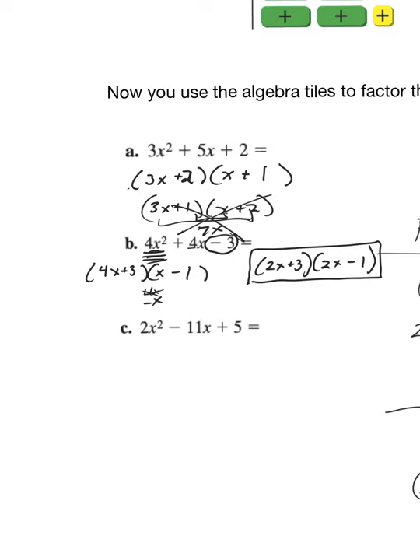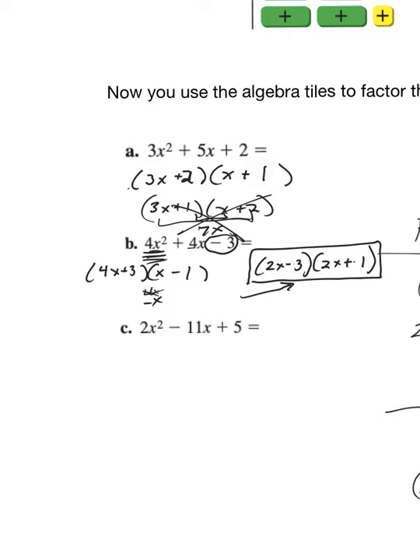So what you're going to do when you move over to this side is experiment again. The number is going to be either positive or negative. One thing that's worth remembering, though, is if you get a situation like this. Say you guessed 2x minus 3 and then 2x plus 1.